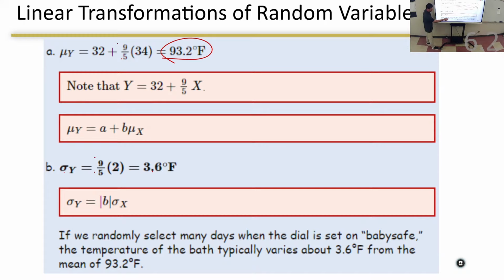If we randomly select many days when the dial is set to baby safe, the temperature of the bath typically varies, typically deviates, tends to fluctuate around the mean of 93.2 by 3.6 degrees. Don't forget these interpretations.